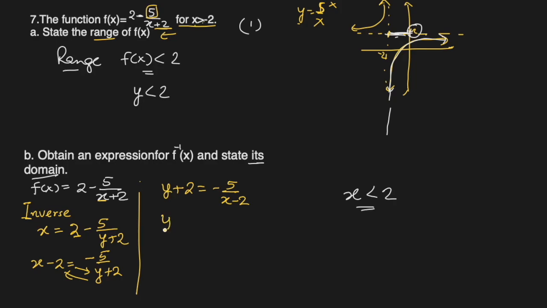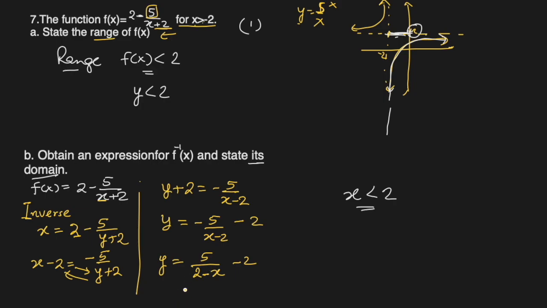Alright, then y, this plus 2 I'll bring to the other side, equal to negative 5 over x minus 2 minus 2. This plus 2 goes there, becomes minus 2. This minus looks odd. Let me change it. Whenever we want to change such a thing, it becomes positive. I have to change the sign of the denominator also. It will become 2 minus x. Why? Minus 2 becomes positive, x becomes negative to compensate what I've done there. Okay?